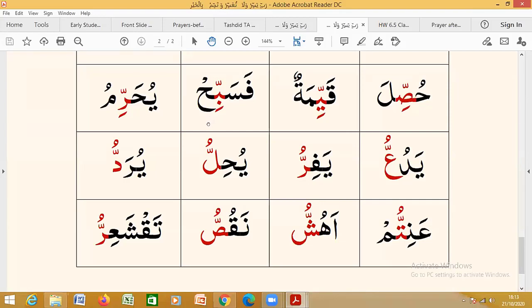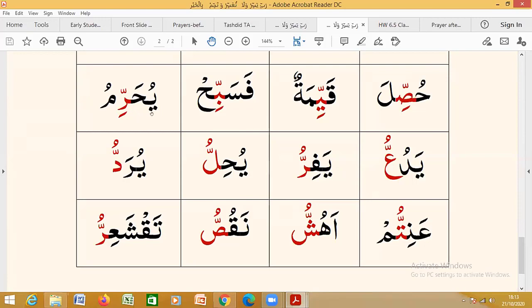It takes a bit of practice, but you have to make sure that you're saying it as one word, in one go, rather than the ha by itself. Sabbih. Perfect. Fasabbih. Excellent. Well done. Really nicely read.